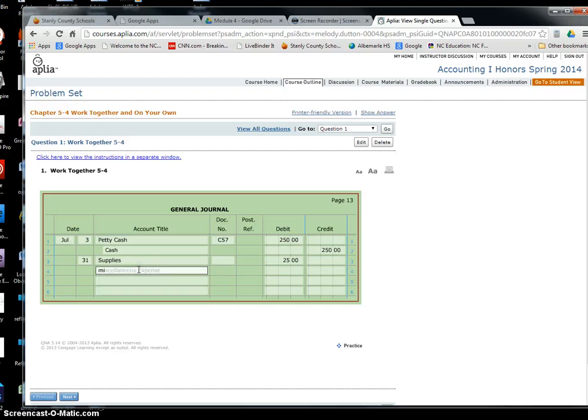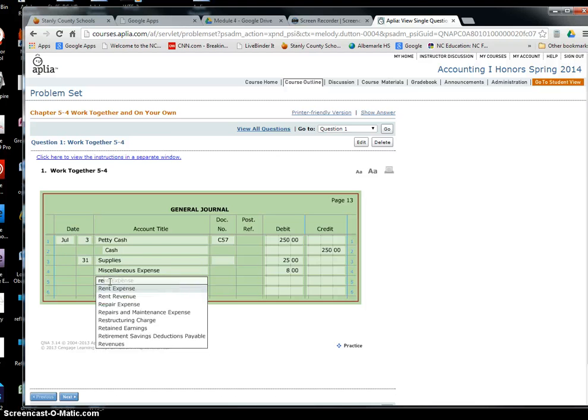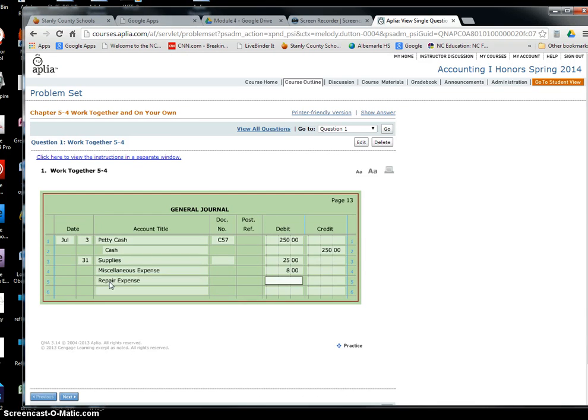We spent miscellaneous expense of $8, and we had repair expense of $45. All right, so now whenever I total all of this up, we spent $78.